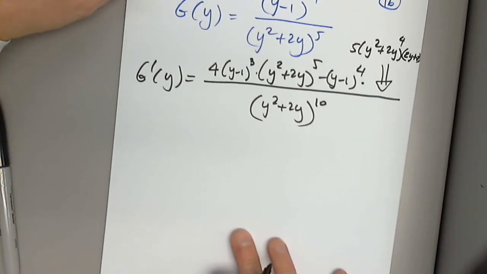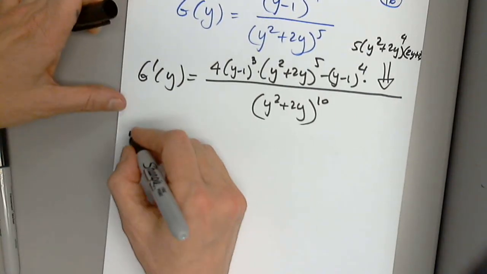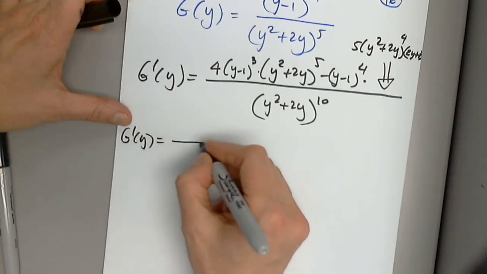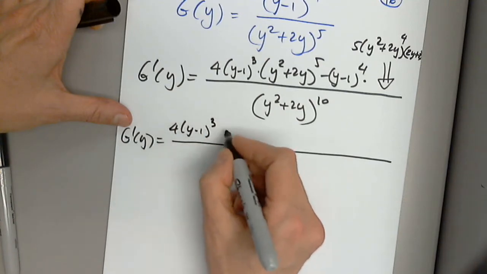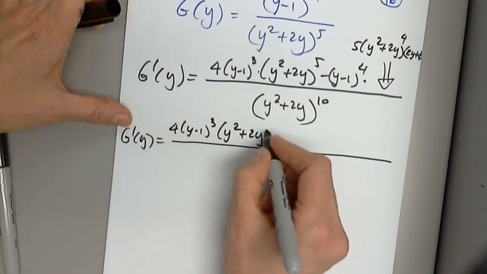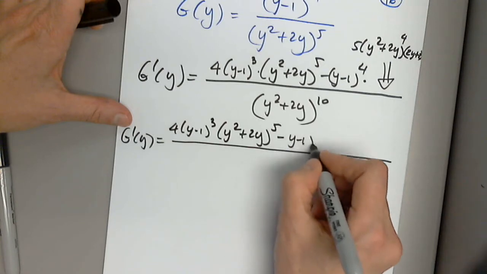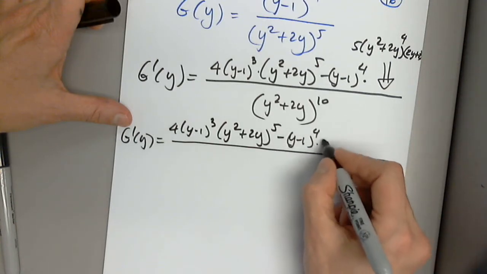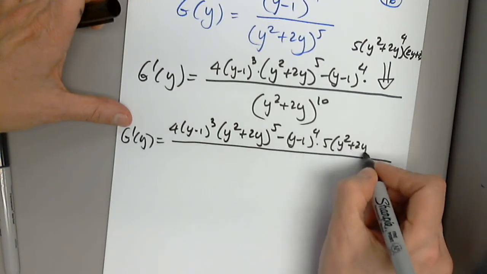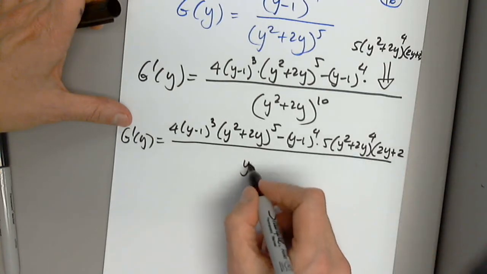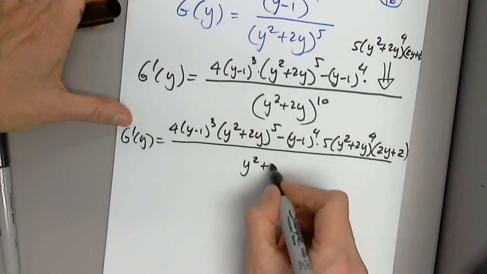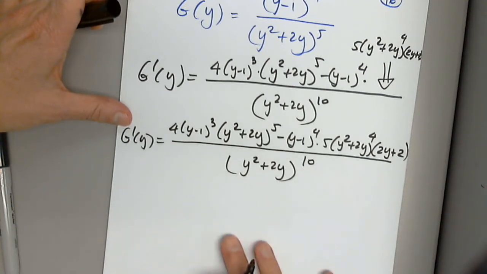I'm going to write it one more time because it's not clear at all. G prime of y equals 4, y minus 1 cubed, y squared plus 2y to the fifth, minus y minus 1 to the fourth, times 5, times y squared plus 2y to the fourth, times 2y plus 2, all over y squared plus 2y to the 10th.